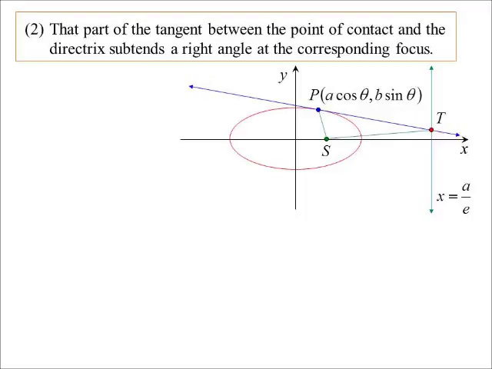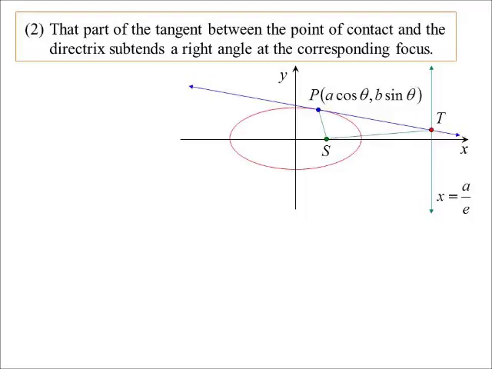That part of the tangent between the point of contact and the directrix subtends a right angle at the corresponding focus. What on earth? So again, let's do it for the ellipse. Let's draw it up so we see exactly what we're talking about. Okay, there's the tangent. You'll notice I'm using parametrics for this one.